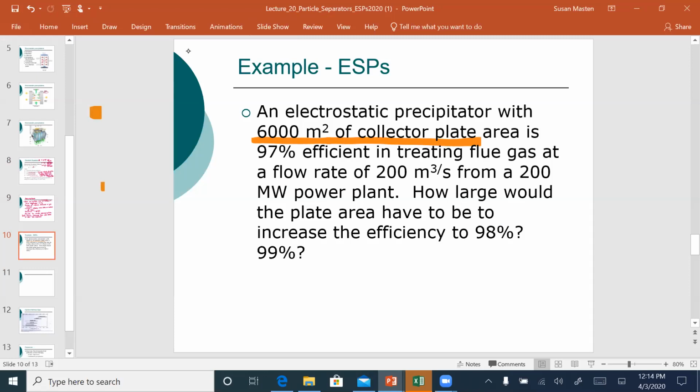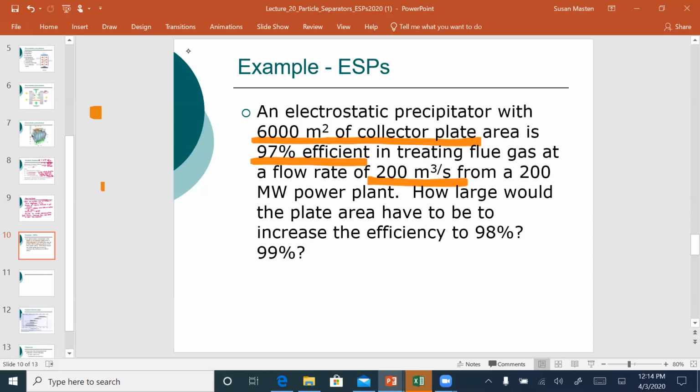So just to give you an idea, a football field has about 5,400 square meters of area. So in terms of the collection plate area, it's a little bit bigger than a football field. It treats flue gas and is achieving about 97% removal of particulates, and the flow rate is 200 cubic meters per second.